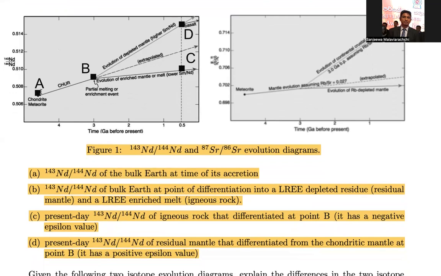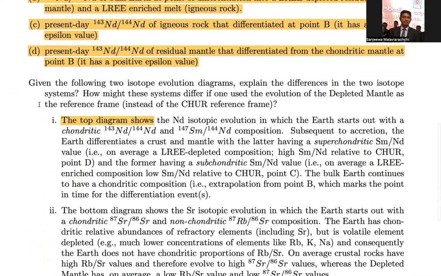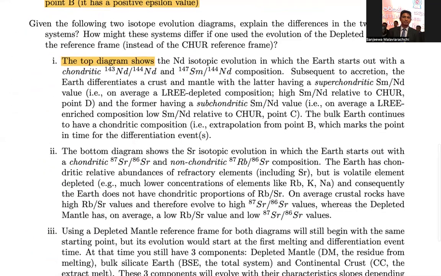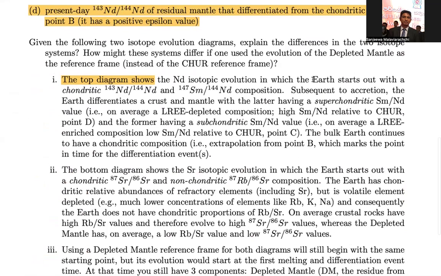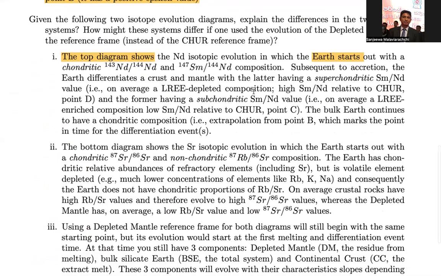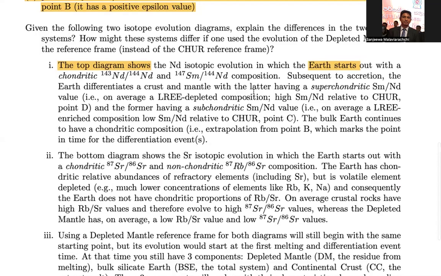So that means the initial isotopic composition of the chondrite is given here. So this diagram shows the neodymium isotopic evolution in which Earth starts out with a chondritic neodymium and samarium composition, because it is given as chondrite, so definitely it should be the chondritic composition, right? Neodymium and samarium isotope, whatever the isotope system you measure there, it should be chondritic, right?